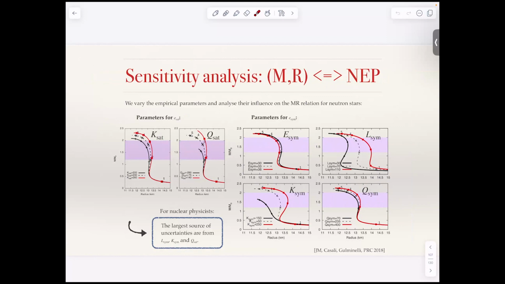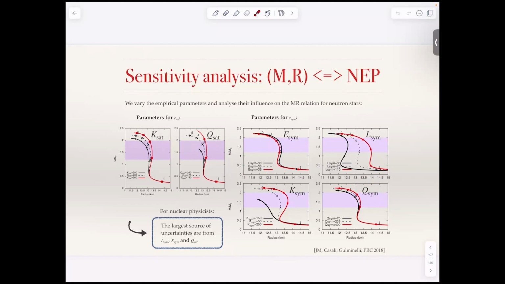Okay, so this is in a way what I mean by the interest of this model, which is that at the end the high order parameters allow you to explore some uncertainties and to generate some bands, but they are not crucial for the accurate determination of the radius.